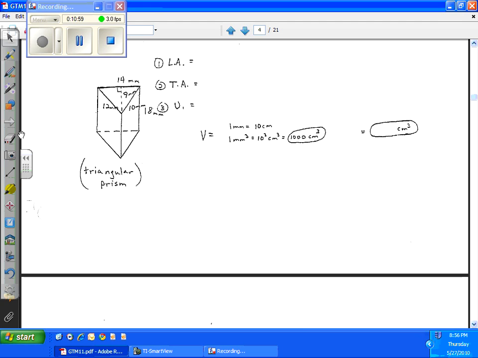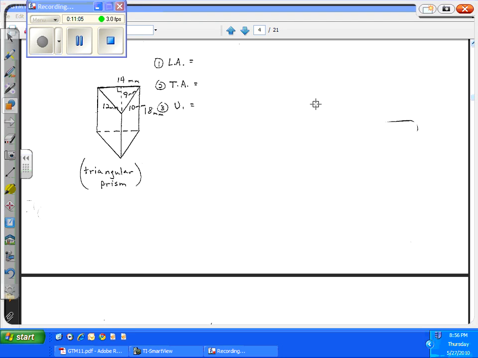We want the lateral area, total area, and volume of this triangular prism. So, lateral area is perimeter of bottom times height of prism.